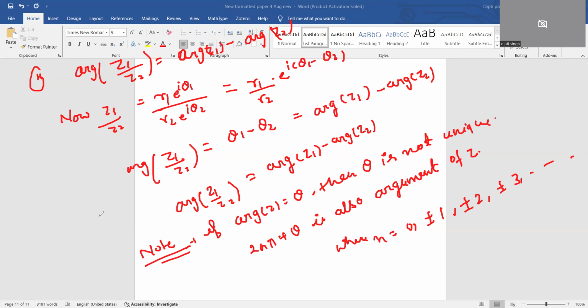So these are the proofs of how argument of Z1 times Z2 will be argument of Z1 plus argument of Z2. Likewise, argument of Z1 upon Z2 will be argument of Z1 minus argument of Z2.